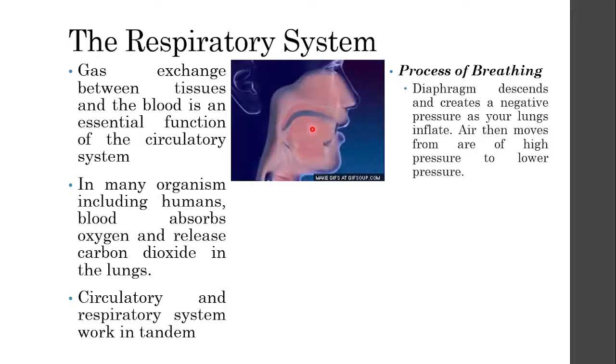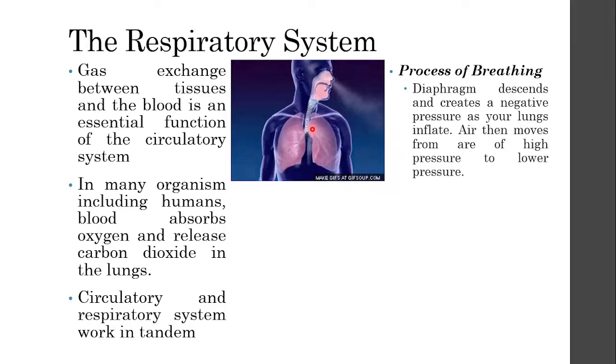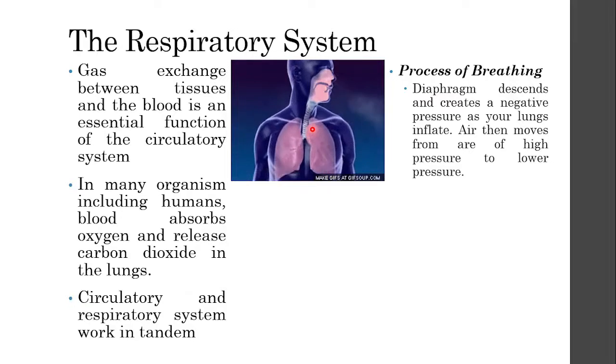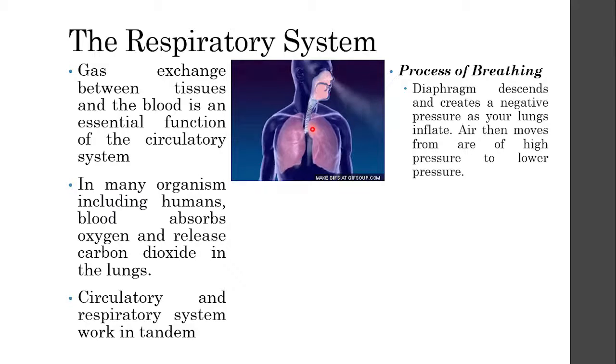So how does that happen? Well, remember that air will always travel from an area of high pressure to an area of low pressure. That's why if there is a storm, especially a very strong storm, one of the things you want to do is close your windows. Why?